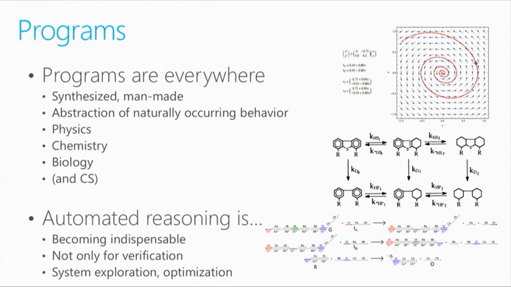In general, in any area where we try to get an abstraction of naturally occurring behavior, like in biology when we want to find out what some organism does or how it grows or when it dies. Also in chemistry, describing chemical reactions in a formal mathematical way has been done for the last 100 years. And in fact, if you look at the strategies that are used in chemistry, they're very similar to programming models.